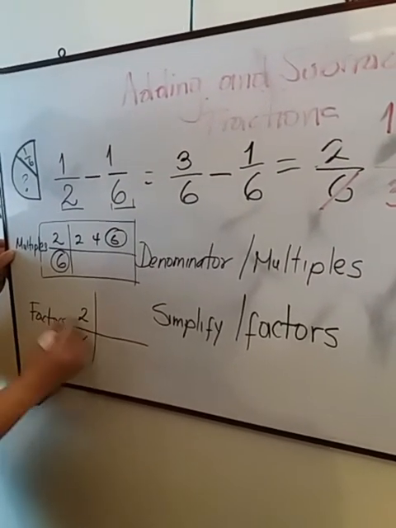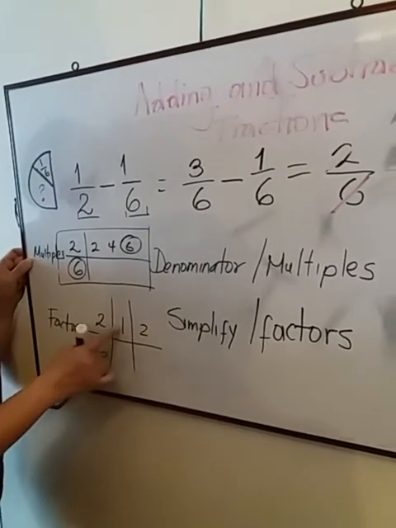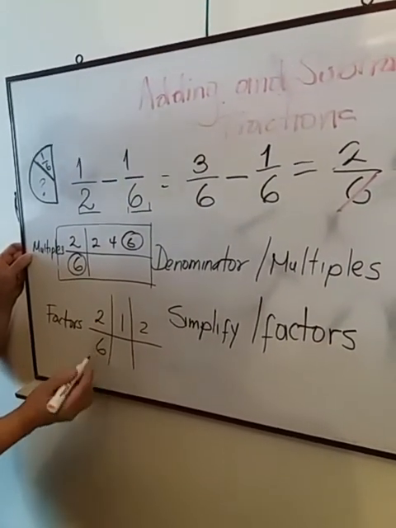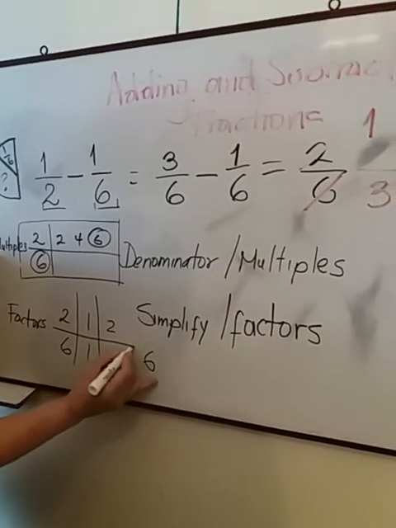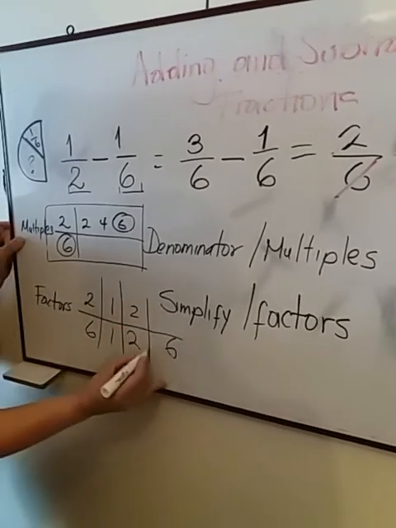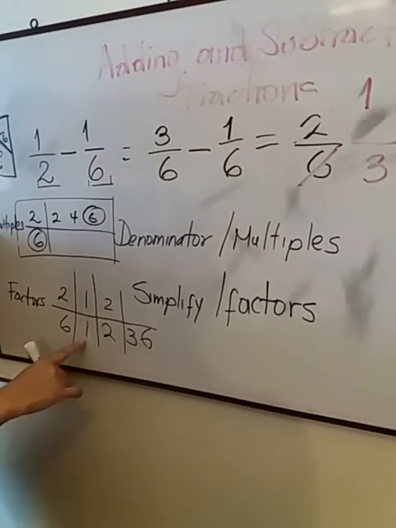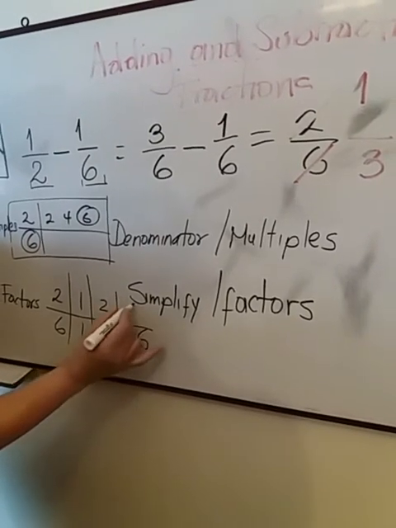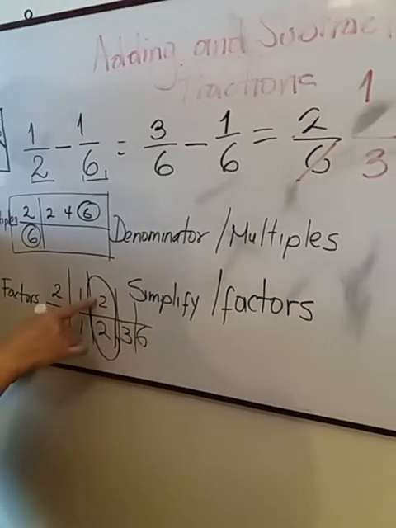Easy. 2 only has 1 and 2 as factors. 1 times 2, 2, 2 times 1, 2. No more factors. 6: 1 times 6, 6. 2 times 3, 6. So 6 has as factors 1, 2, 3, and 6. But the only common factor is 2.